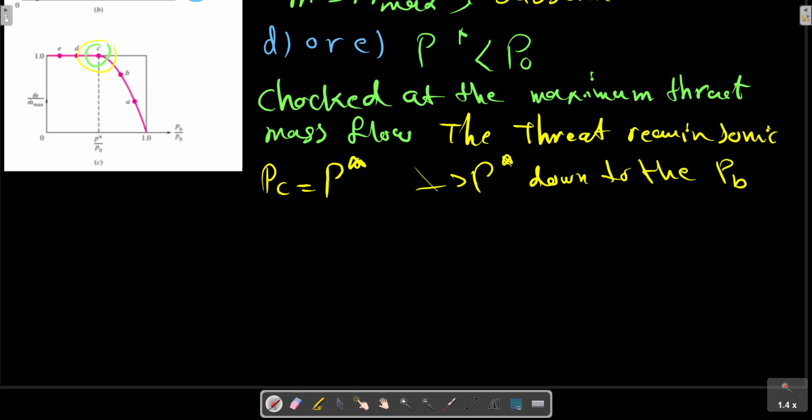Being supersonic, the jet cannot send any signal upstream to influence the choked flow condition in the nozzle. Choked, no signal downstream.